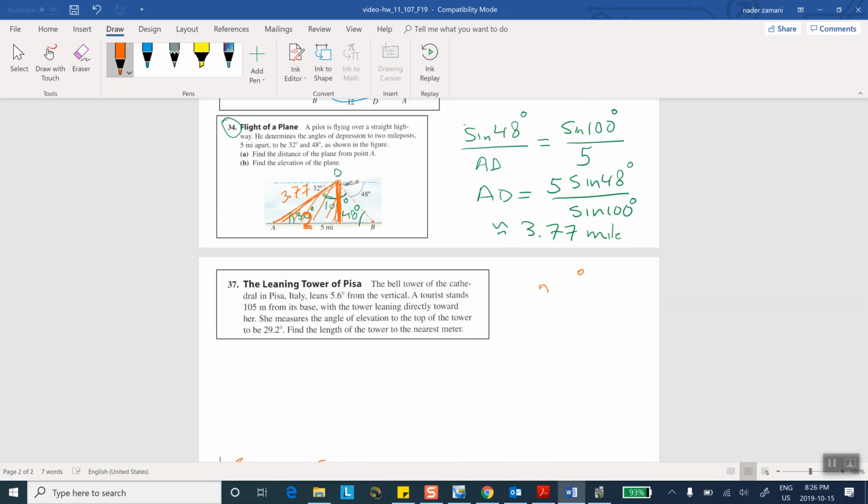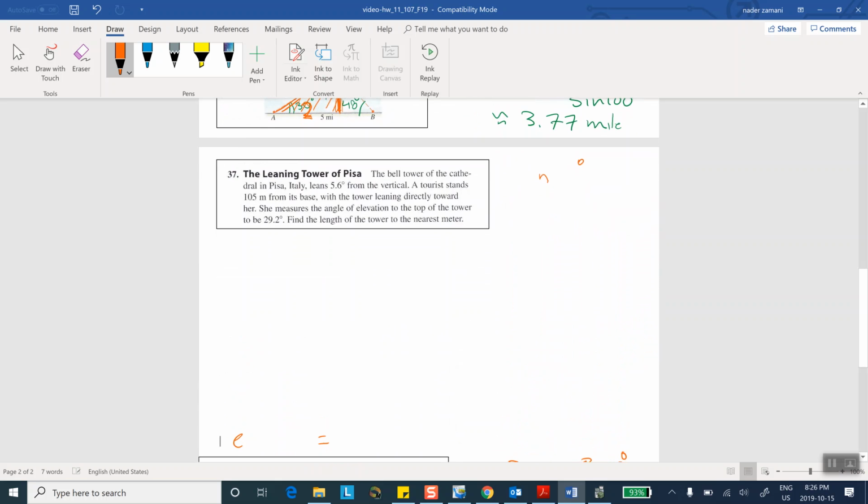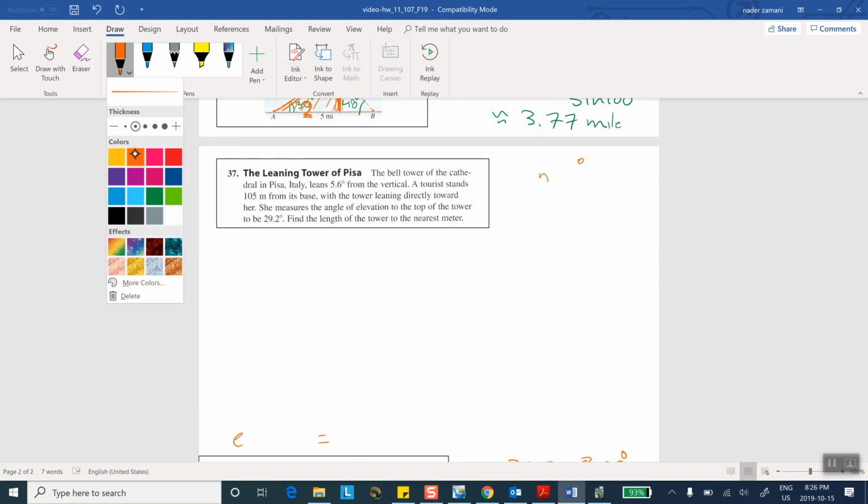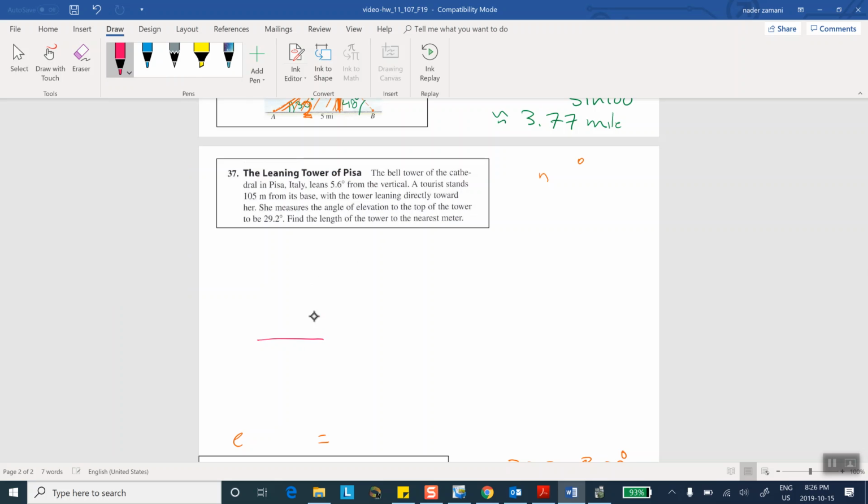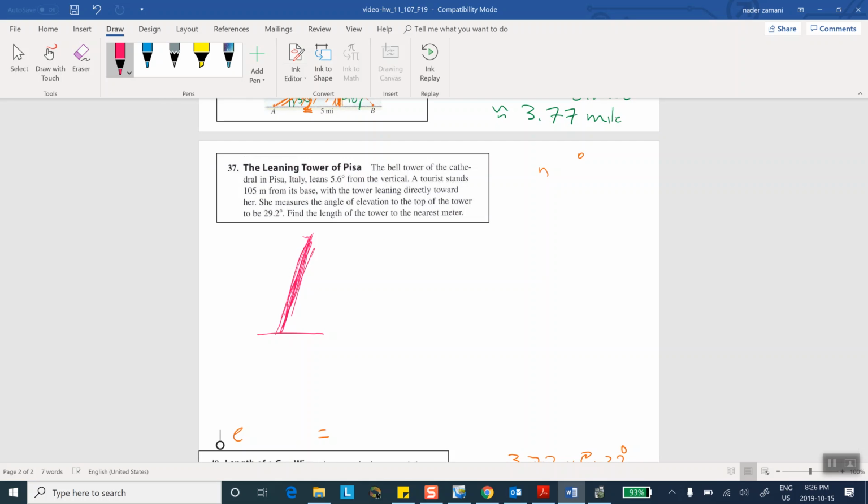Okay, so we have the bell tower of the cathedral in Pisa, Italy. Looks like that. It's a leaning tower. Looks like this. So let me draw it represented by this line. And this angle is very small, 5.6 degrees.